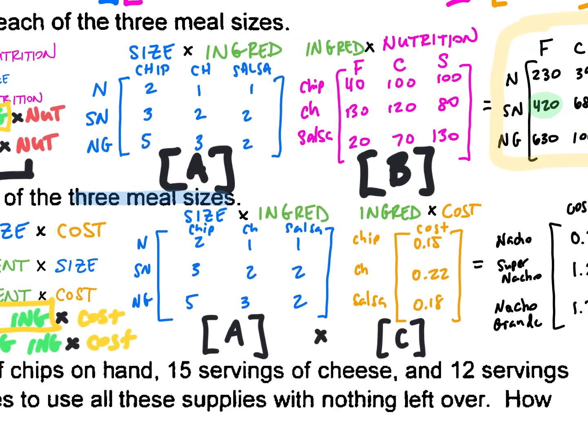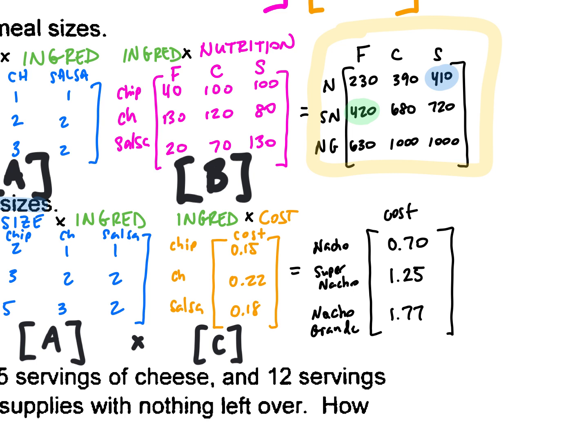So hopefully you paused the video and you did your matrix multiplication. And what we did is we got our final matrix here, right? Here's our solution matrix. So we could go ahead and then just state, all right, well, the production cost for the nacho meal is 70 cents.